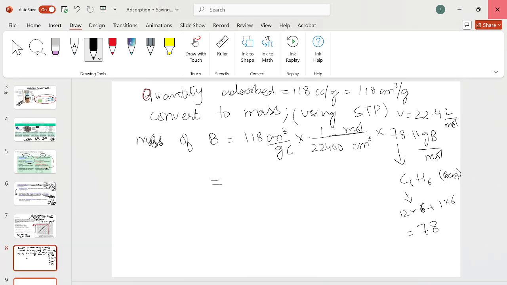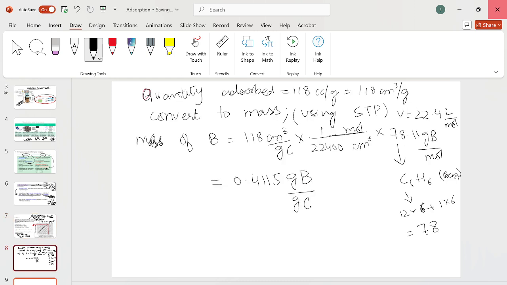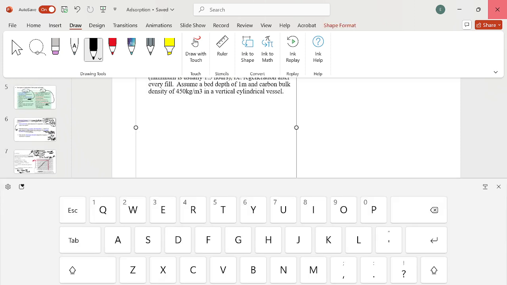Now we will get a value of 0.4115 gram of benzene per gram of carbon, because it was already given in the question that it is 1 gram of carbon. Now we will proceed with part B.